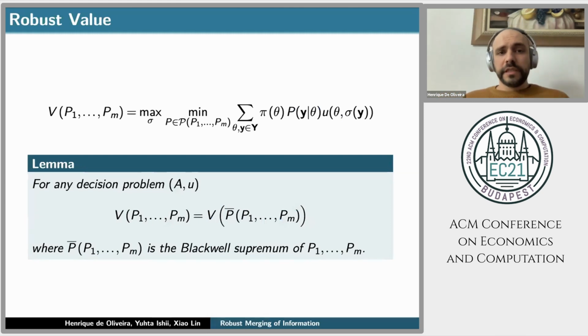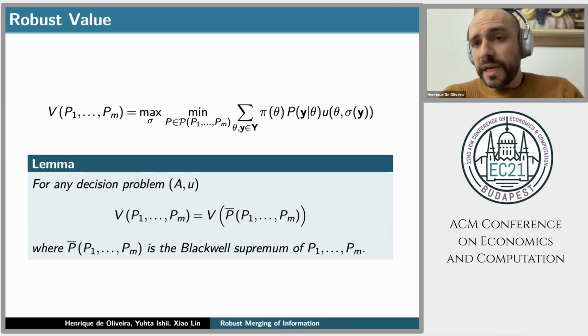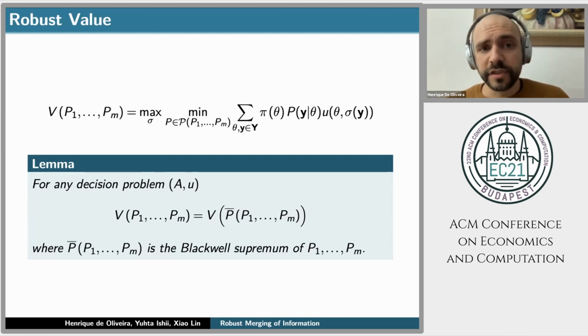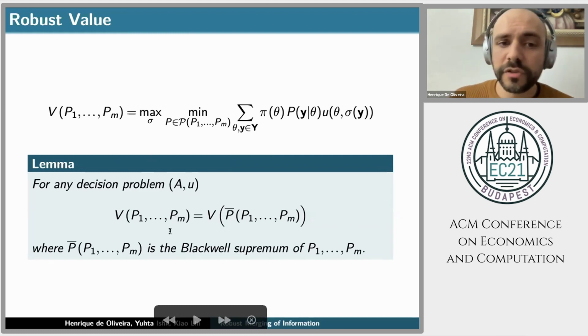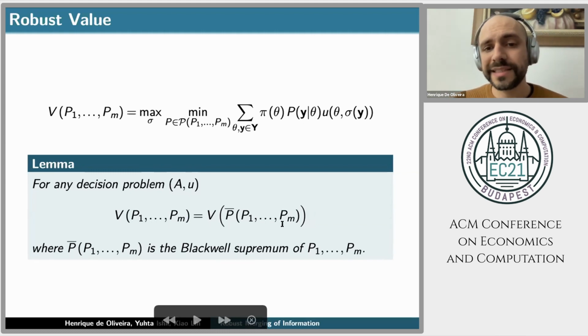So now I can talk about the robust value. This is just an observation given what we've said so far. If I write this value function here, which is what you get in the robust maximization problem of the agent, then this value is exactly what we would get if instead of having all these multiple information structures, the agent had only one information source, which is exactly the Blackwell supremum of all of those, right?